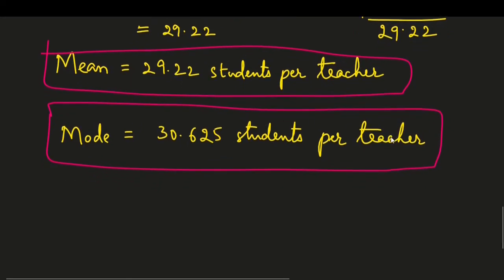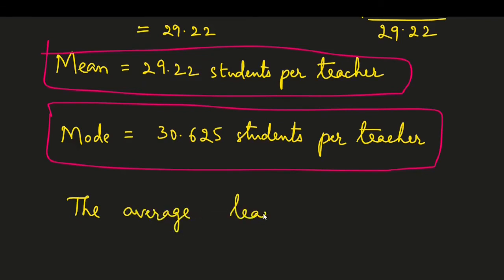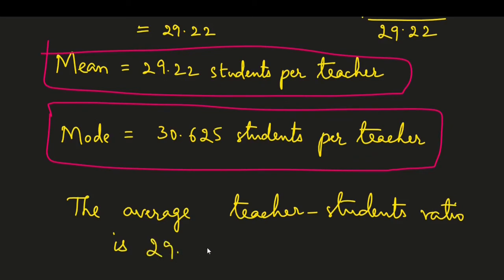So from this we understand that the average teacher student ratio is 29.22.